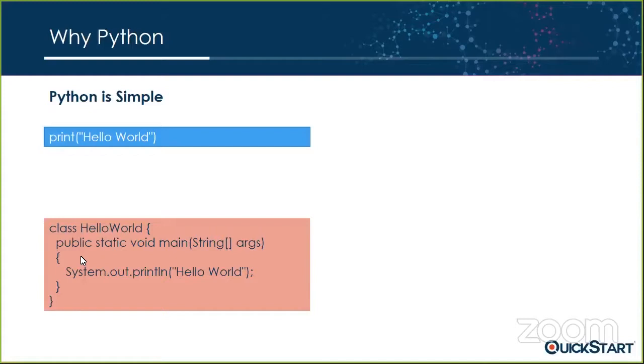My objective is very simple: to display some kind of output in front of the user. Whenever we try to learn a new language, we always try to run a small program where we display hello world. If hello world is there and we are successfully able to say hello to the rest of the world, we think that at least we are able to successfully configure the environment and run a small program.